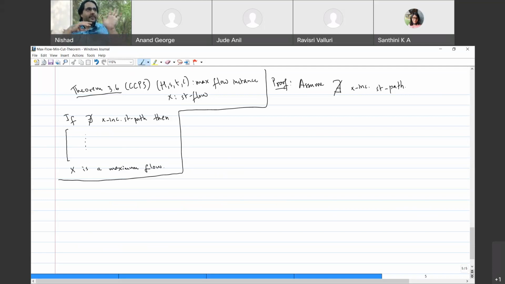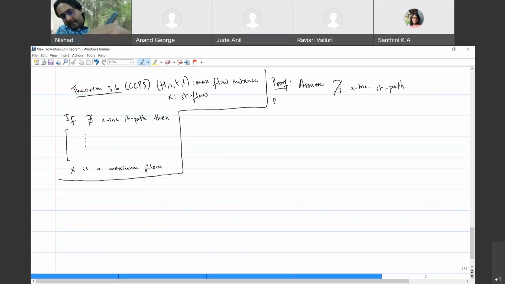Okay. Right. So I'll take the main part from that. What Shantini is suggesting is that maybe we can find a certain cut, right? The only thing we know right now is that the value of any flow is less than or equal to the capacity of any cut. That is the only way we know how to get an upper bound on the value of a flow. So in particular, if we can show that there is an ST dicut whose capacity is exactly equal to the value of the flow that we have, then it would imply that this is a maximum flow. Okay, so that is actually the plan.